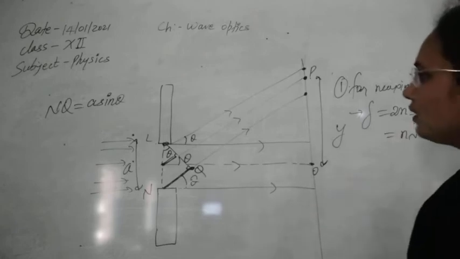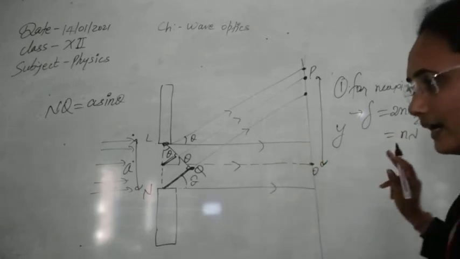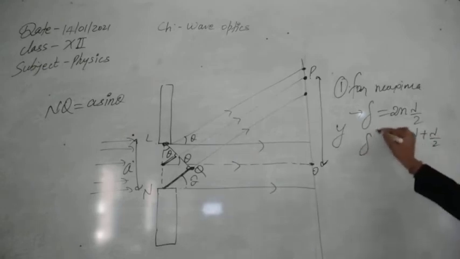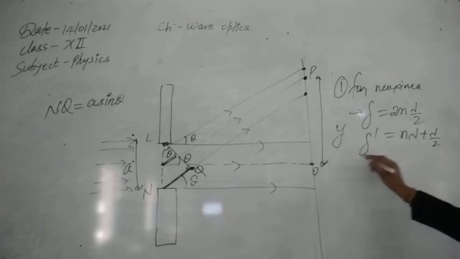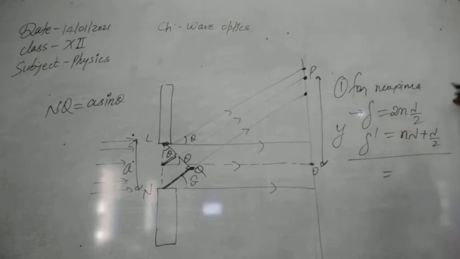Now for the case of maxima in diffraction, as an additional path difference of lambda by 2 is created, we can write down the path difference for the diffraction pattern. So this is the path difference for the diffraction pattern for the case of maxima, and this is for interference.